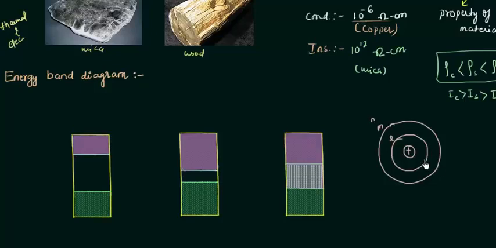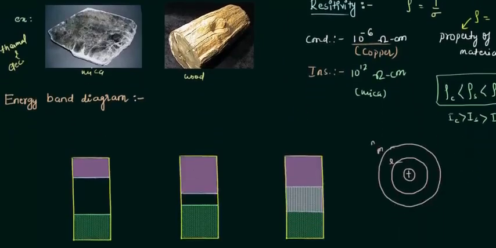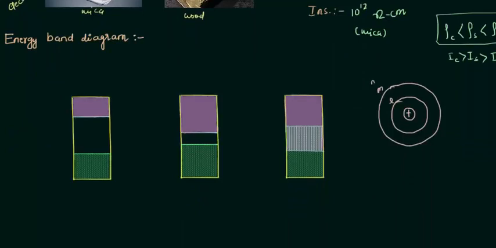Remember, this one is the isolated atom, but in general the atom is not isolated, it is present in the lattice. In case of silicon, you can see we have the lattice in which the atom is present, and it will form a particular structure that we will see in a minute, and thus the neighboring atoms will have an influence on this atom, as well as this atom having some influence on the neighboring atoms.